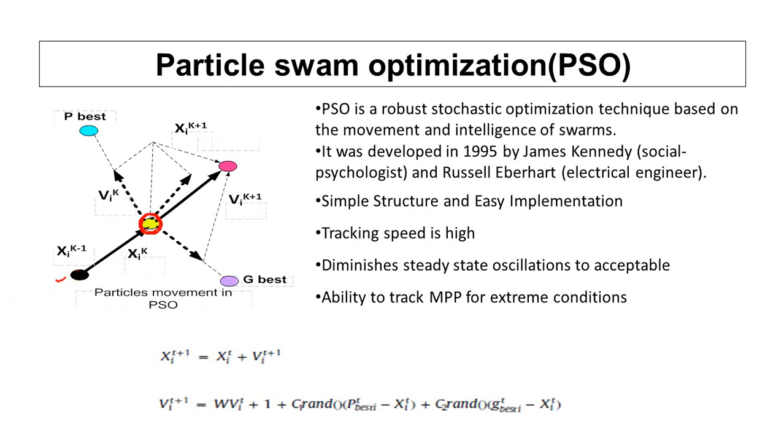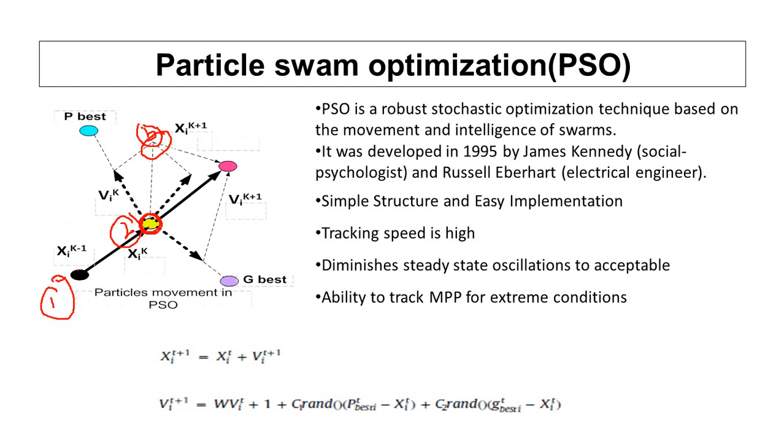Now this yellow is supposed to move to this particular position. This is the first iteration. Now the current iteration is the second iteration. It has moved here. In the third iteration, it will move to this particular position.